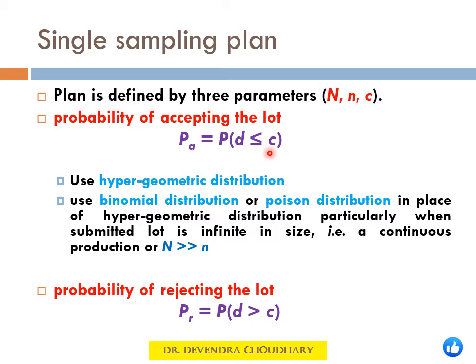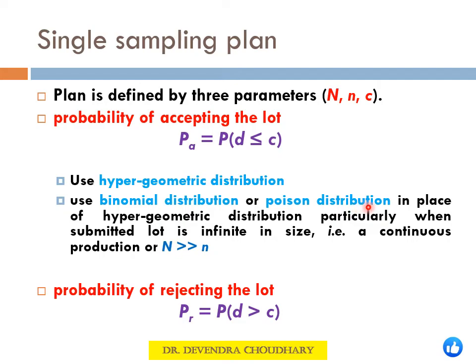can be found by using the hypergeometric distribution. We can also use the binomial distribution or Poisson distribution, particularly when the submitted lot is of infinite size or we have a continuous production of items. Or we can say when the lot size is very large relative to the sample size n, we can use the binomial distribution and Poisson distribution.